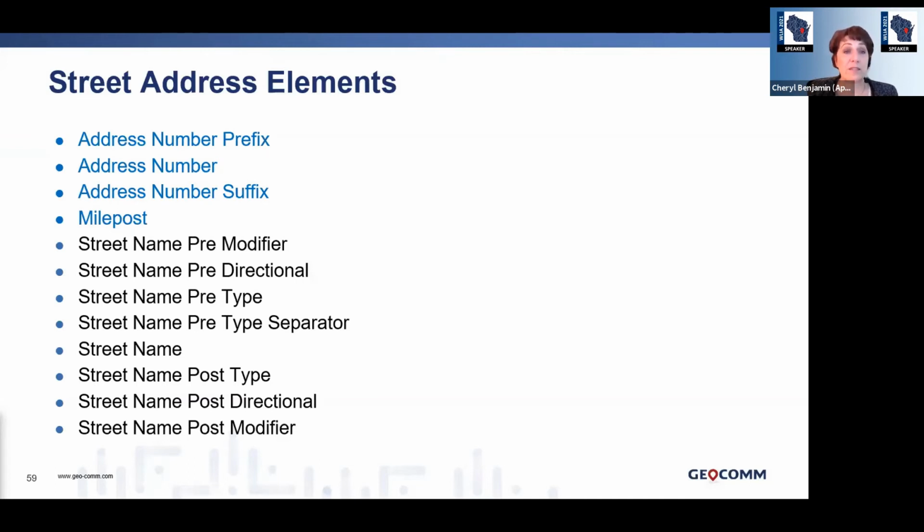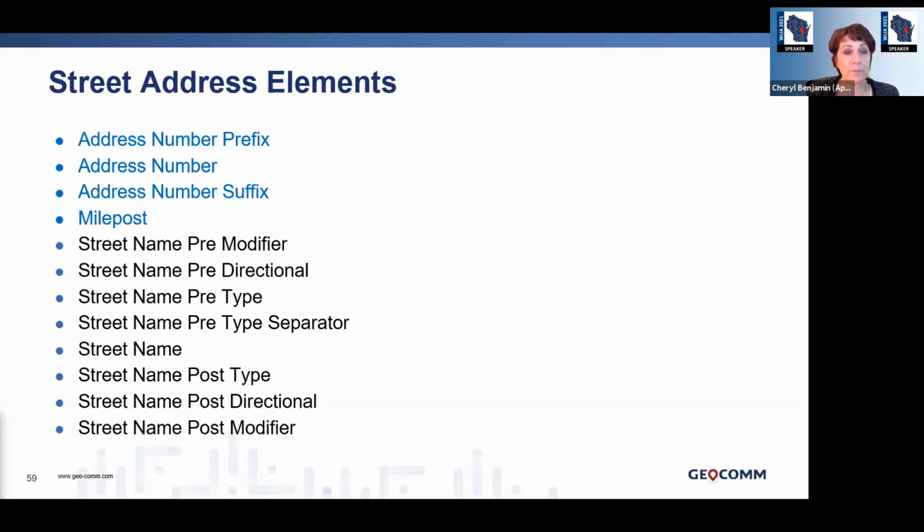There's even more detailed information and numerous examples if you want to go to the NENA CLDXF document. The Civic Location Data Exchange Format Standard is the one that talks about all those individual street name and address elements. So I encourage you to go ahead and download that document and have that available as a reference, in addition to the Wisconsin one, so that if you have a real question, you can go there.